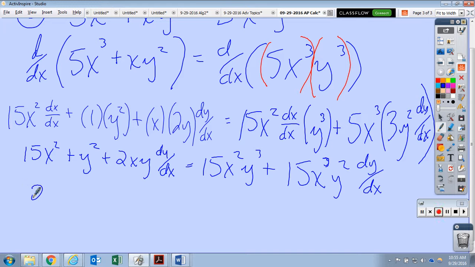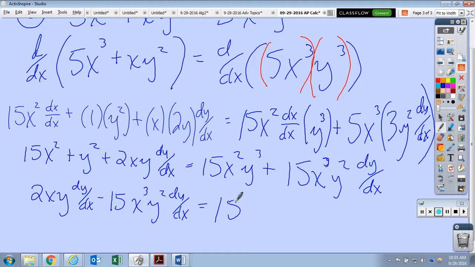So I'll have 2xy dy dx. If I subtract that quantity from both sides, so minus 15x cubed y squared dy dx is equal to, if I subtract this guy and this guy from each side, I would have 15x squared y cubed minus 15x squared minus y squared.